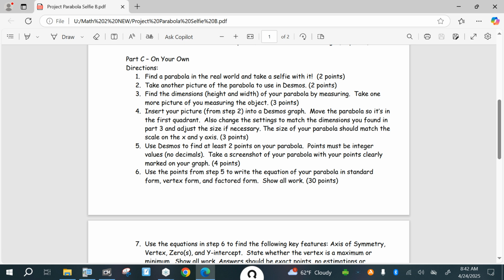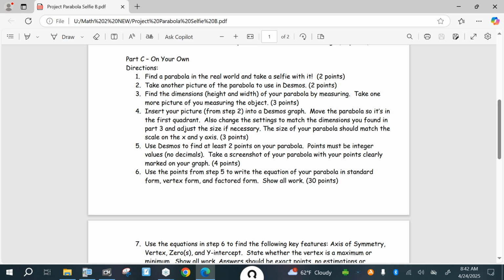And then you are going to insert your picture into Desmos. You're going to move it around so that way the settings work out. And then you are going to find at least 2 points on your parabola. If you're thinking about the problems that we did in homework, we needed the vertex and one other point, or you could have your 2 x-intercepts and one other point.